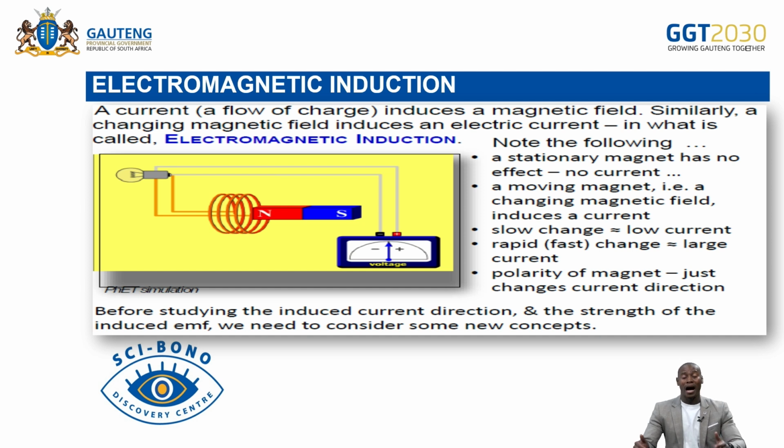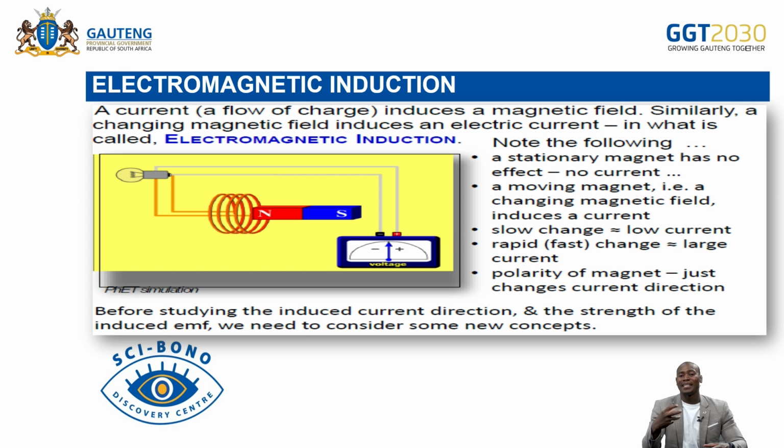And that is what we call electromagnetic induction. As long as there is relative movement between the magnetic field and the conductor, current will be produced in that coil or conductor.